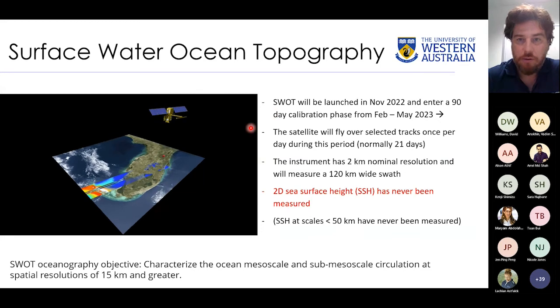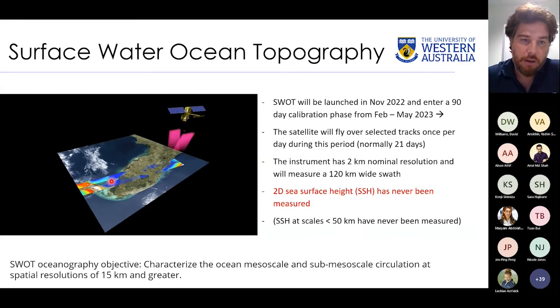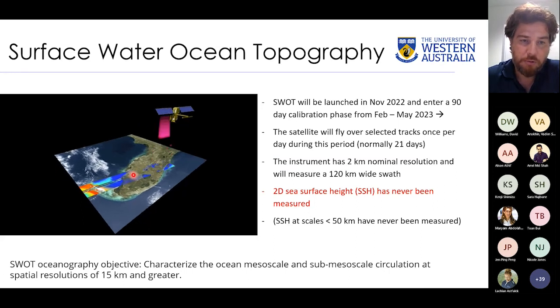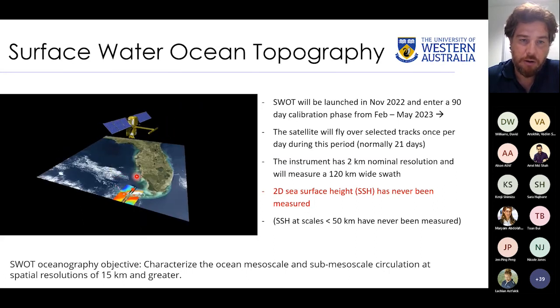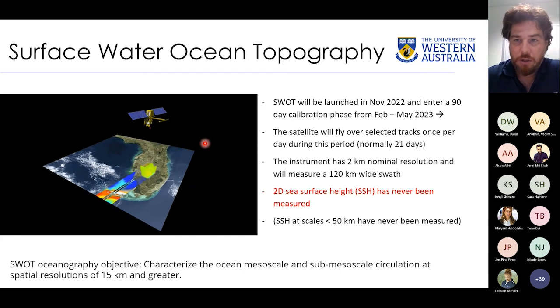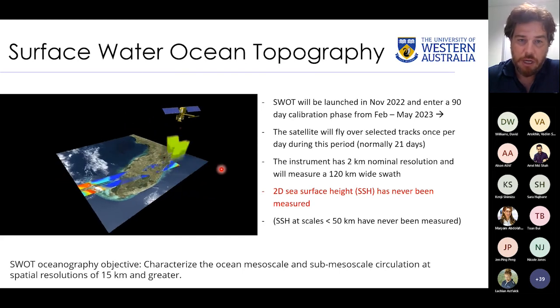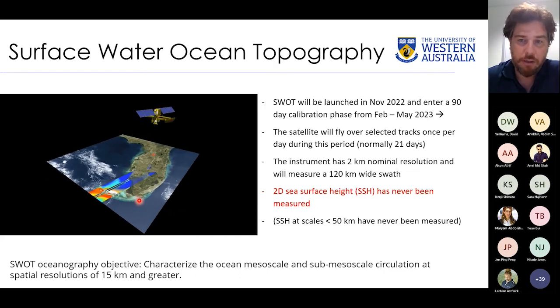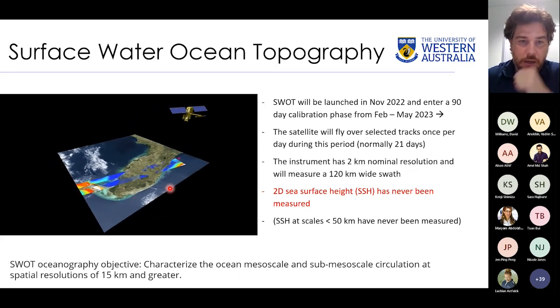The satellite altimetry examples I showed before just measure a single track of the sea surface height. What SWOT will do is measure swaths, like two-dimensional swaths of the sea surface height.